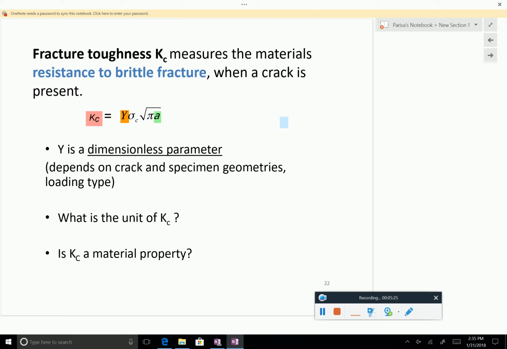Now, before doing some examples and getting to know this equation better, because that's something you can use for design, let's first think about the unit of fracture toughness. What do you think the unit is? What's the unit of fracture toughness?